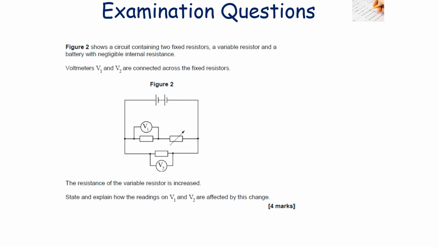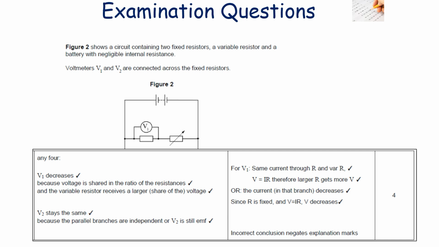Right, so let's just talk about V1 first. If you increase the resistance of the variable resistor, it's important to know that V1 is going to go down, because you'll notice that the variable resistor and the resistor across V1 are a potential divider, so they're linked to each other. So the total EMF from that battery is going to be split between these two.